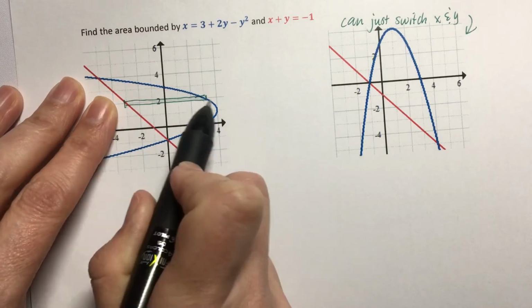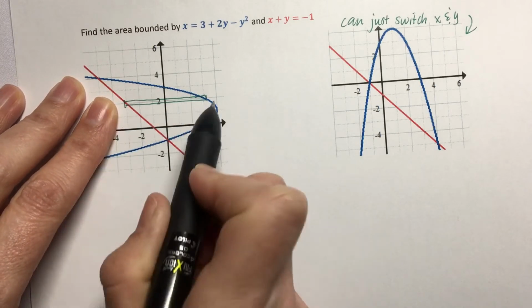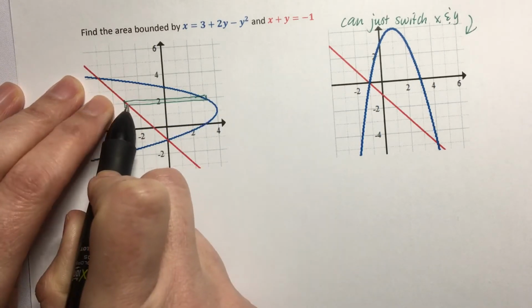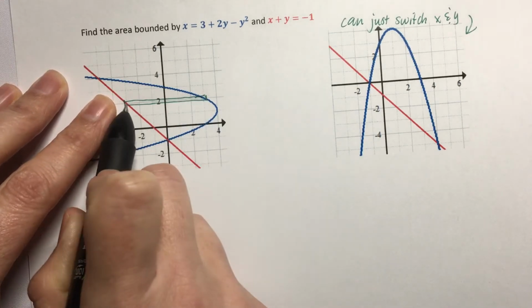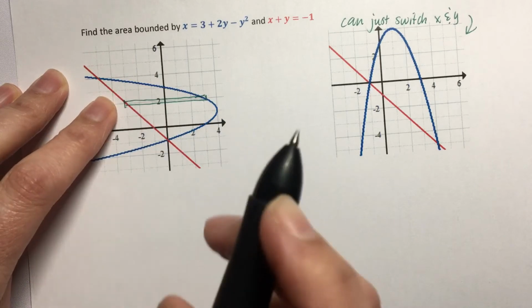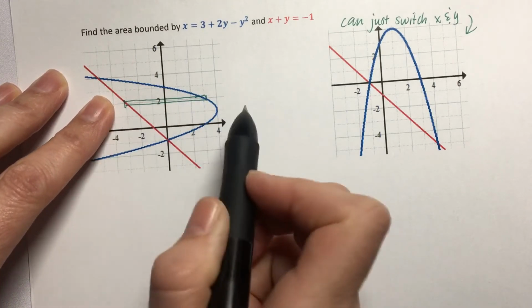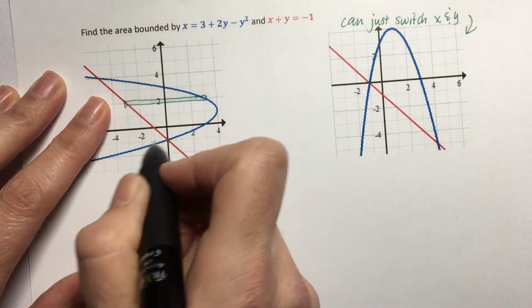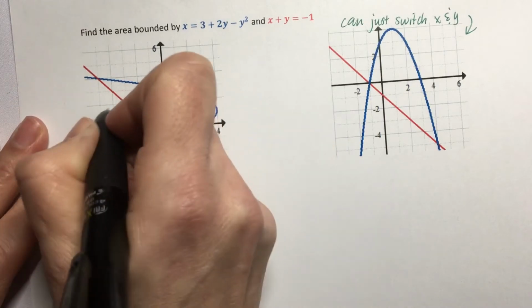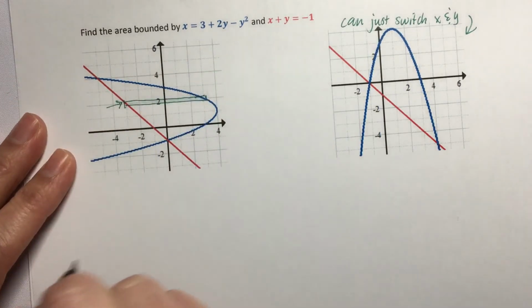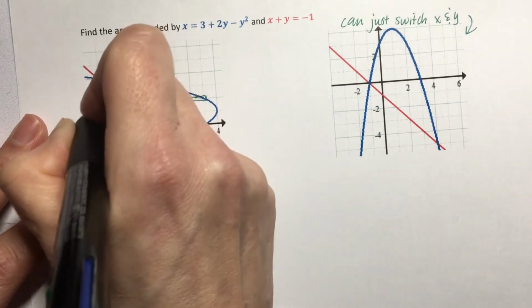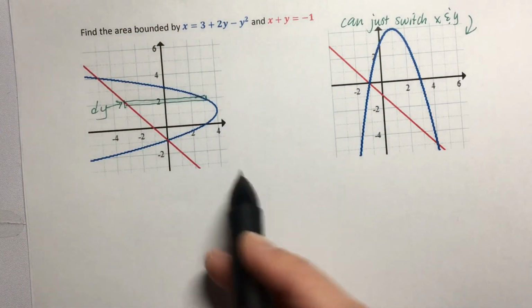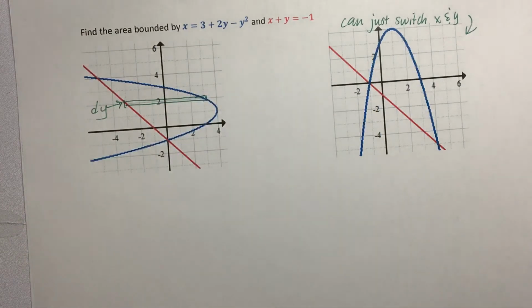And I can get that long dimension by doing the right minus the left. If I'm talking about moving right and left, it's the right x value minus the left x value, or blue minus red, however you want to consider it. The skinny dimension of this little rectangle is some little tiny change, in this case vertically, so that's dy. So this dy is going to be our boss.